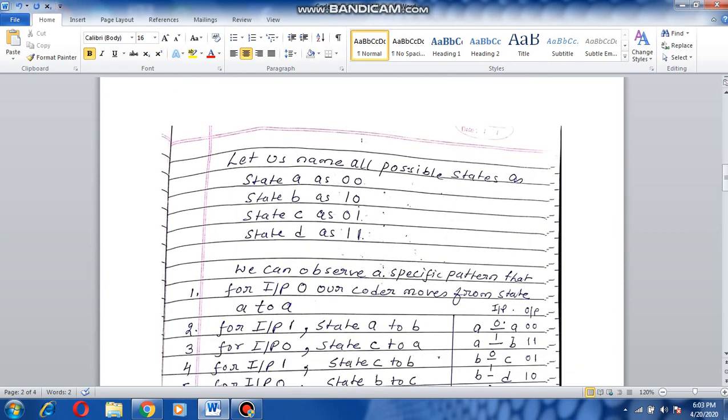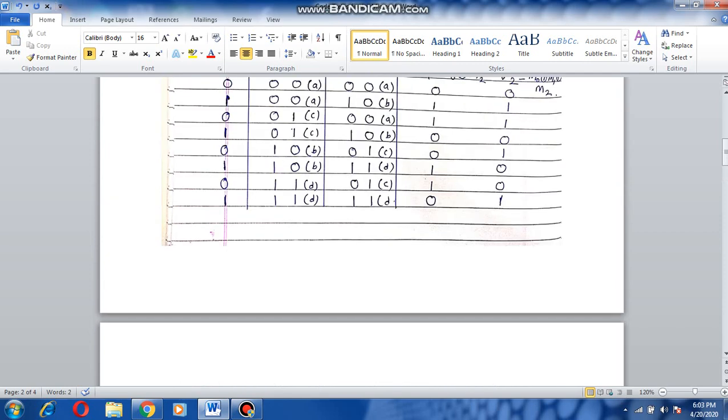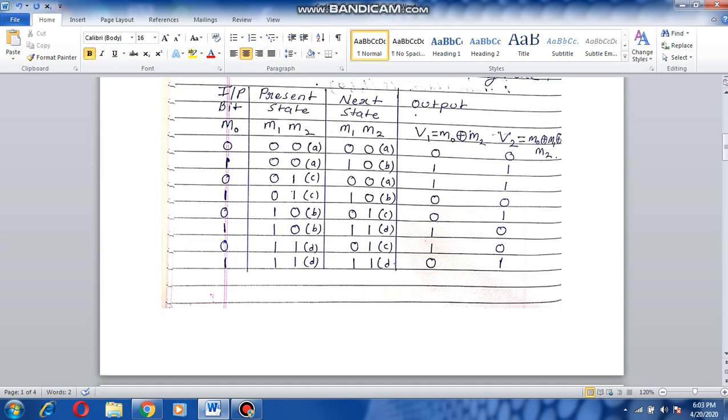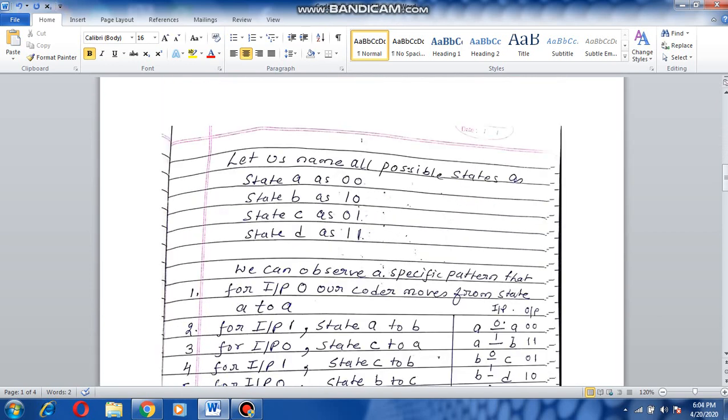Now let us name all possible states. For 0 0 we name it as state A, for 1 0 state B, for 0 1 state C and for 1 1 state D. Whatever information we have seen in this particular encoding table, we are just making a brief note of it.